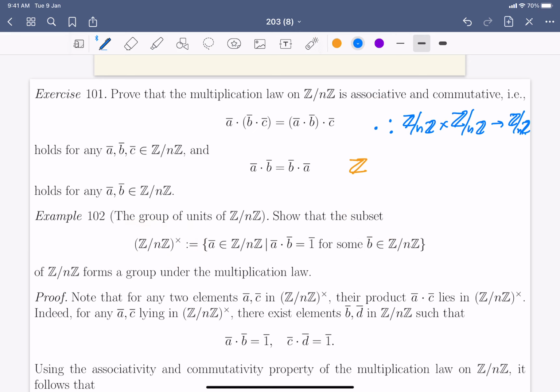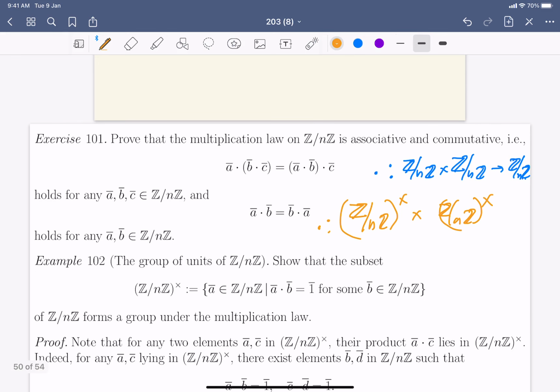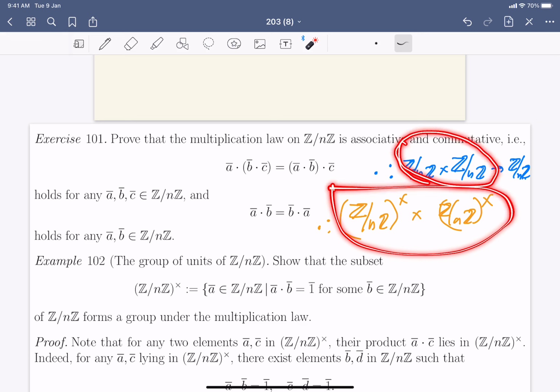More precisely, one can restrict this function, defined on this set, to this subset of this one, the yellow subset of the blue one.